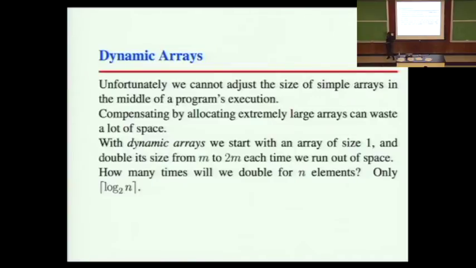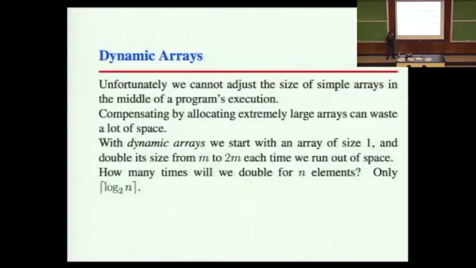So this is how we get log n, log base 2 of n. This is how many times I need to double if eventually I'm going to have n things in my array. So do you think that this is wasteful? Let me tell you, we want to calculate the amount of work I'm doing if I insert n things.